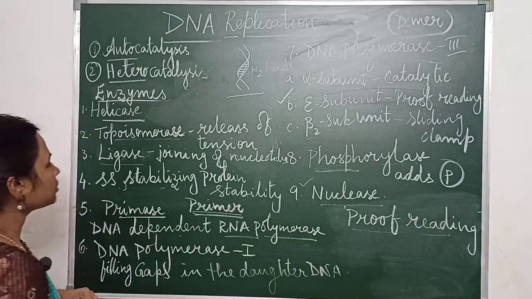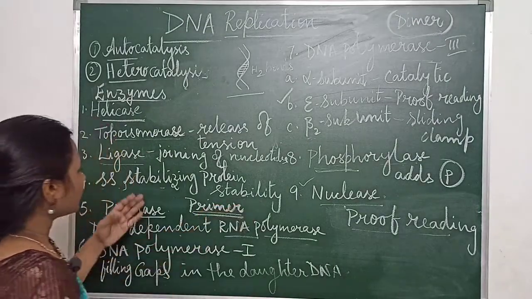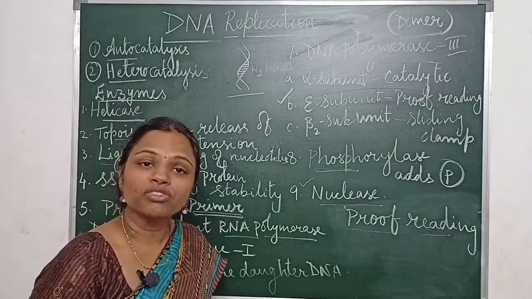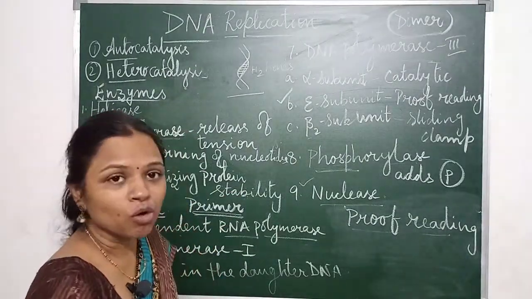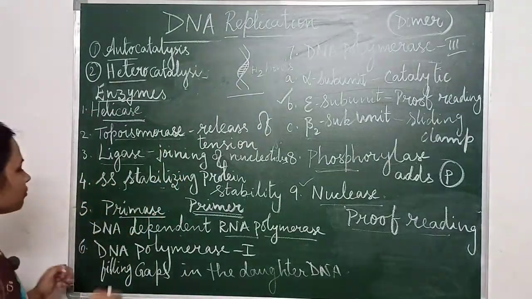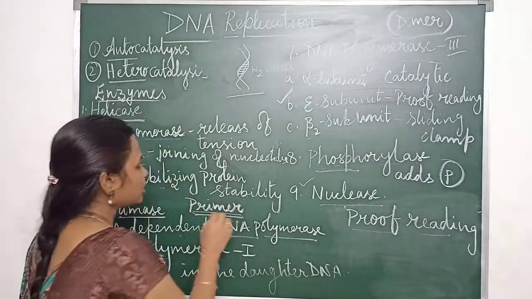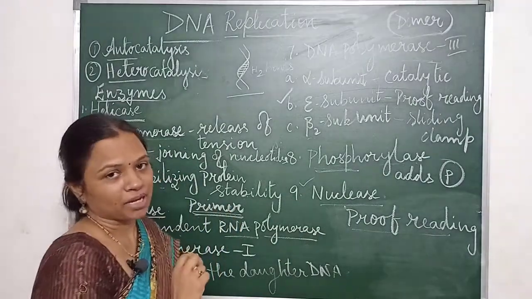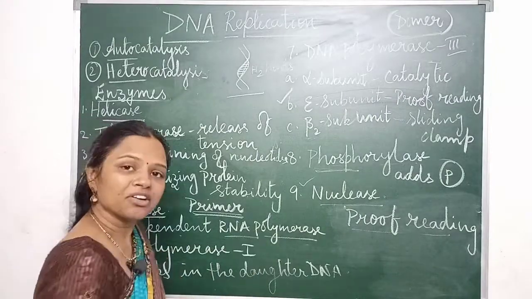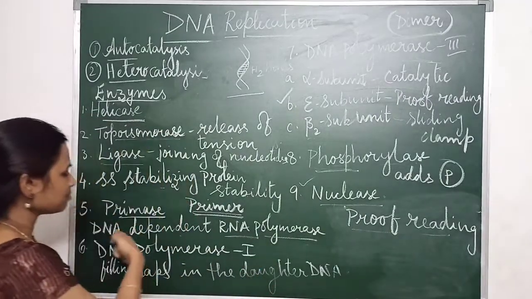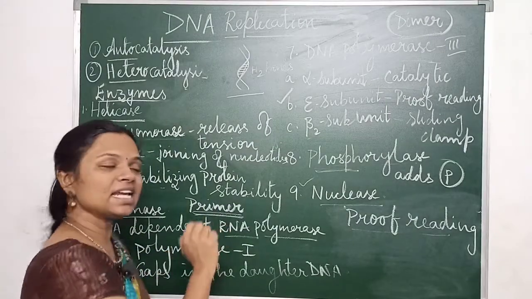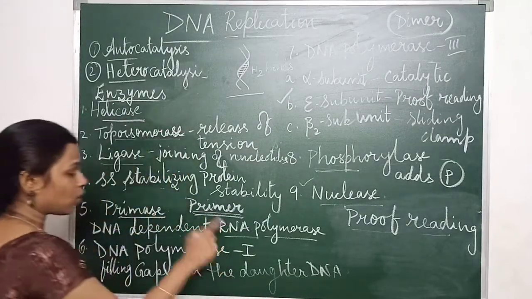The stabilizing protein helps in release of stress from the unwound polynucleotide chains. The primase enzyme helps in the synthesis of primer. Primase is nothing but RNA polymerase, as it is controlled by DNA. It is also called DNA dependent RNA polymerase.